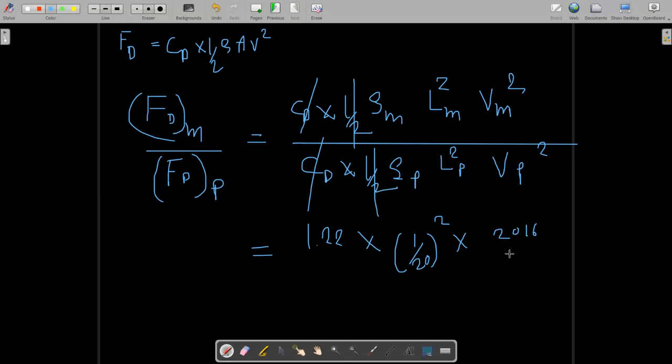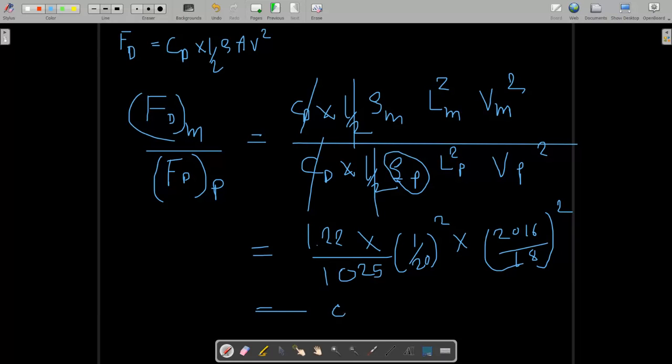And what is the prototype velocity? 18 km per hour. Just take the square of this. And density of water is 1025, density of prototype, because prototype is in working fluid of water. So when you solve this, you will find the drag force ratio is 0.037.